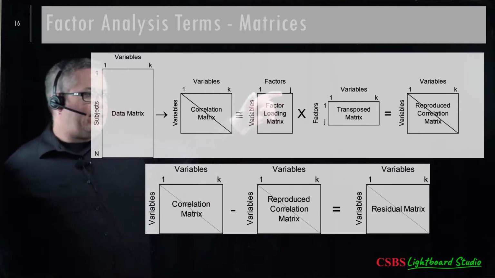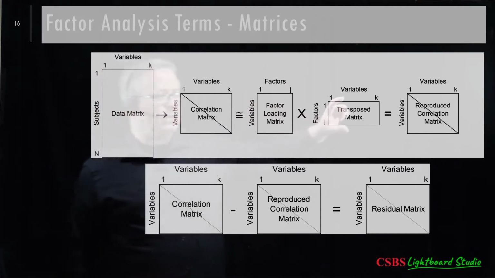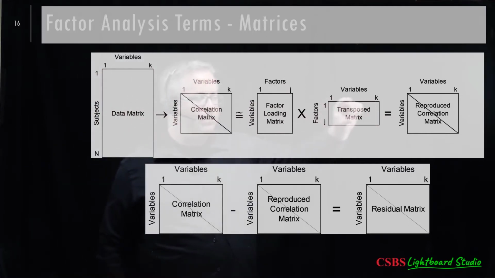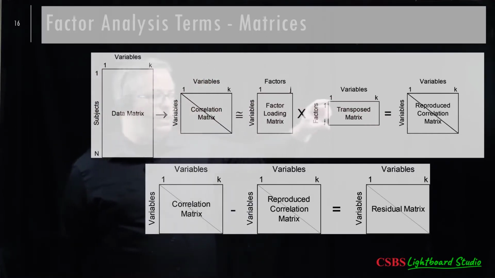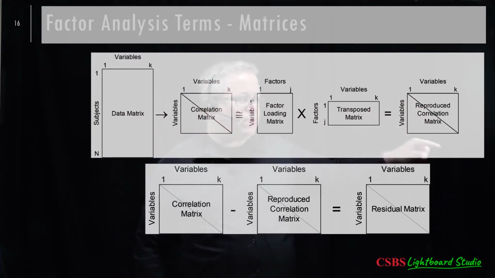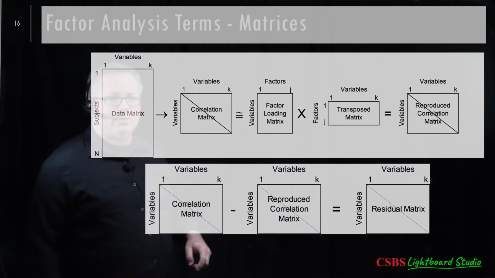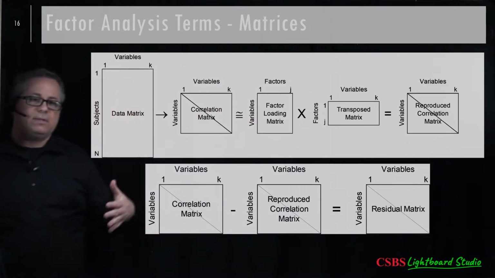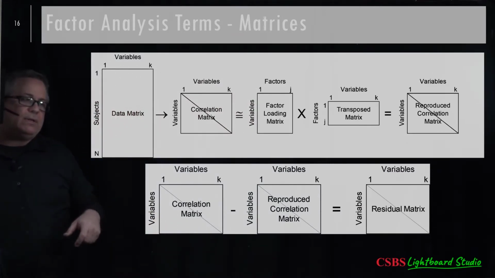If we take that matrix and multiply it by itself as a transpose, that should recreate the original correlation matrix. This is what's called the reproduced correlation matrix. It's the correlation matrix that is a product of the loadings and the factors that we've extracted.